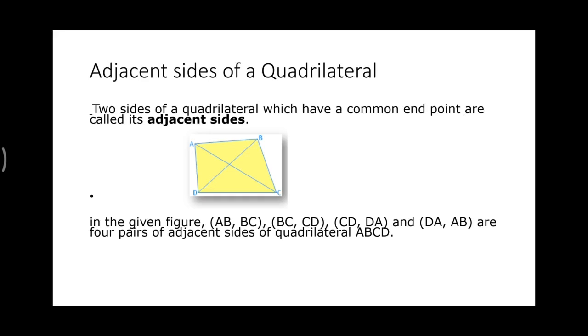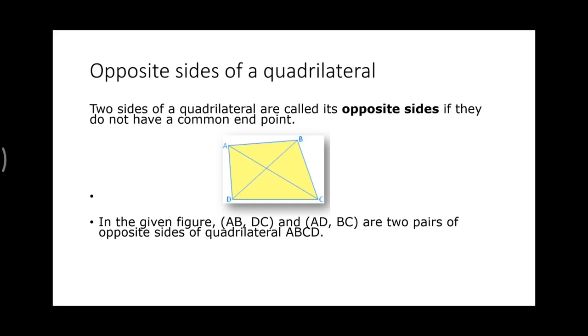In BC and CD, C is common. In CD and DA, D is common. And in DA and AB, A is common. So AB and BC, BC and CD, CD and DA, and DA and AB are adjacent sides as they have one point in common.